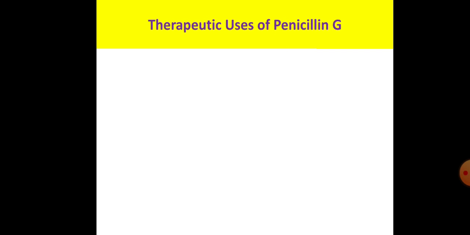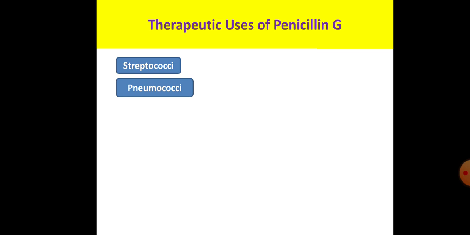Now the therapeutic uses of penicillin G. This is the first antimicrobial we are discussing, but for every antimicrobial you have to correlate the therapeutic uses with the effective antimicrobial spectrum. So, which is the effective antimicrobial spectrum?